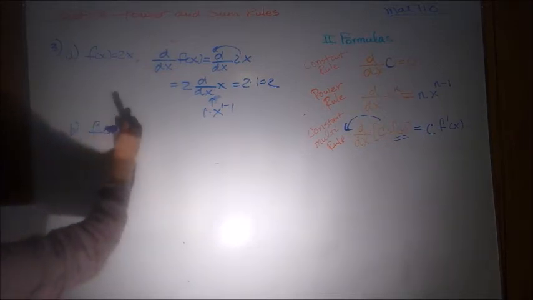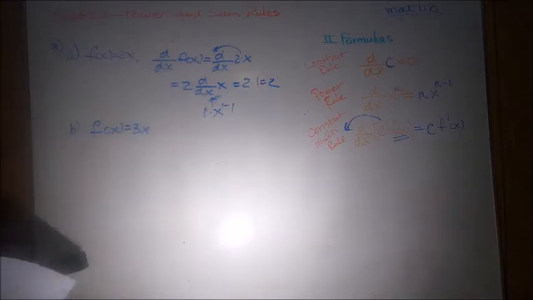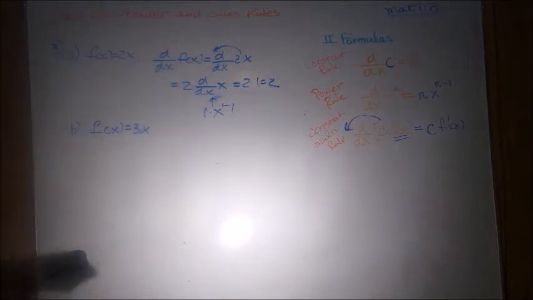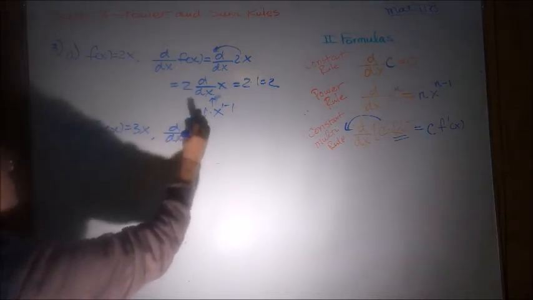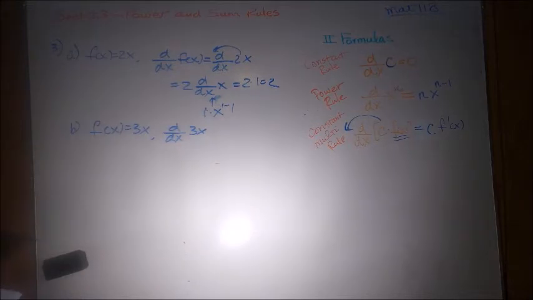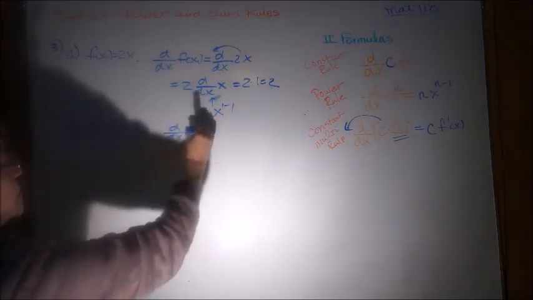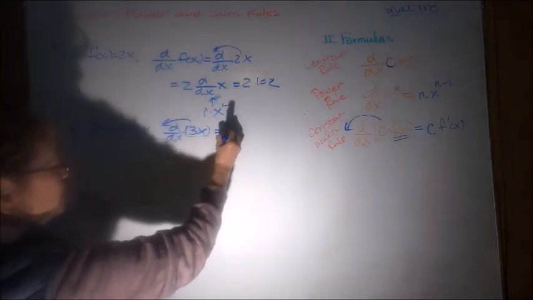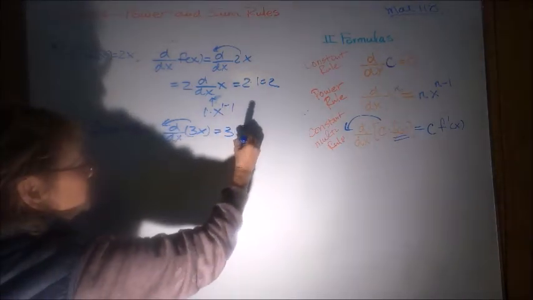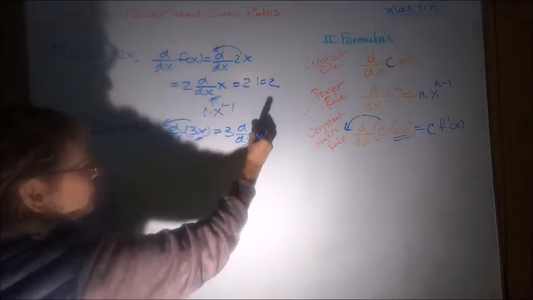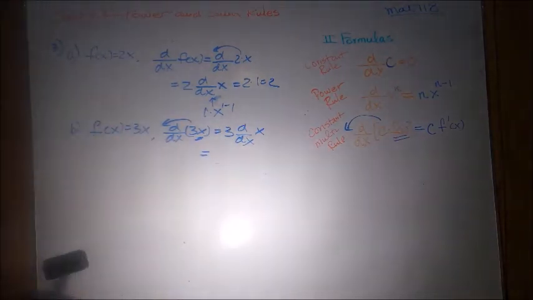Look at the second one. What do you think? It's the same thing. So we have d over dx for 3x, right? Then you take a 3 out. That would be 3. Then you take a derivative of the variable for 1 power.